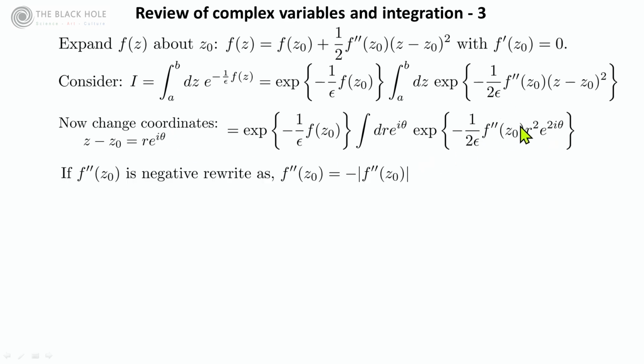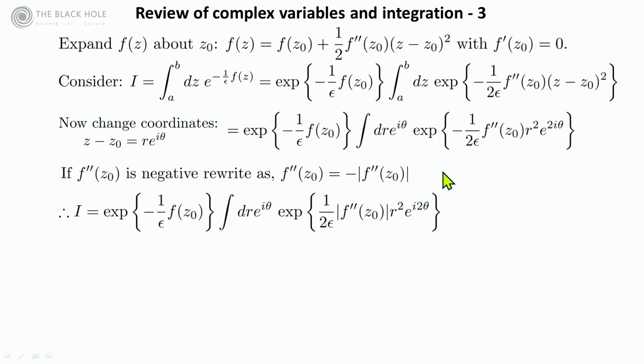Now, we will be interested in the case where this is negative. F double prime at z naught is negative. So I'm just going to write this as minus its absolute value, stick that in, and of course this makes it look just a little bit different, nothing else.